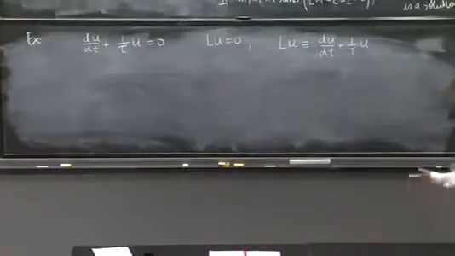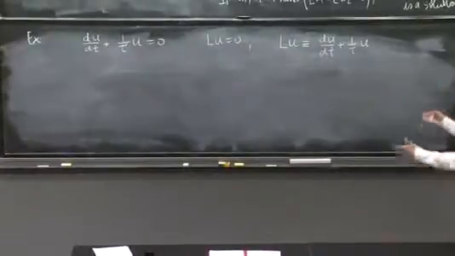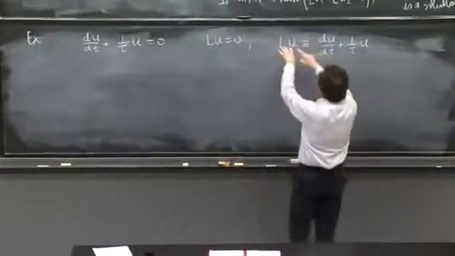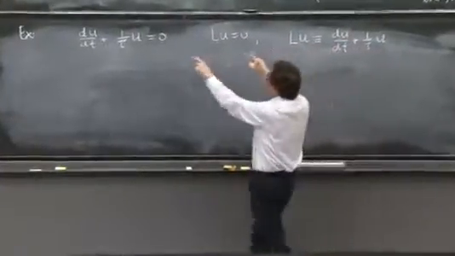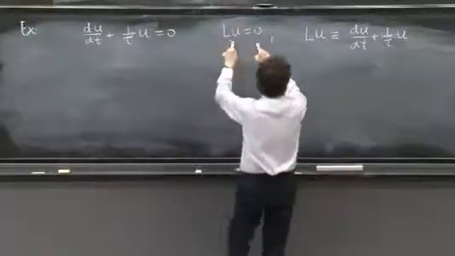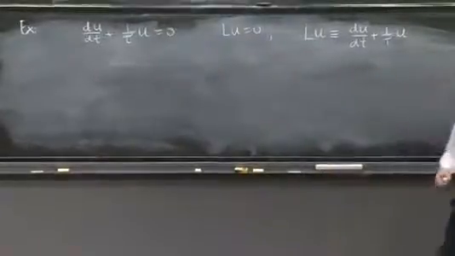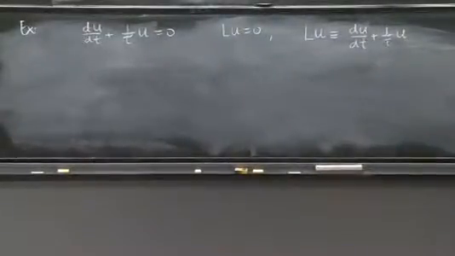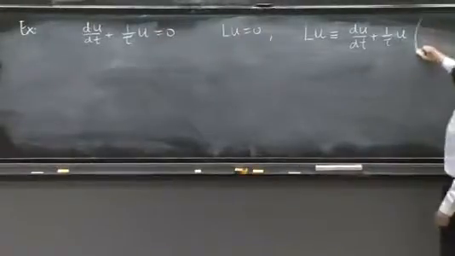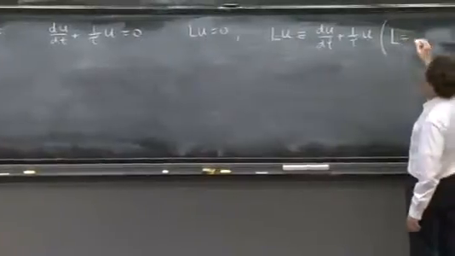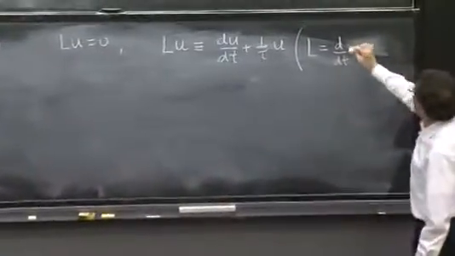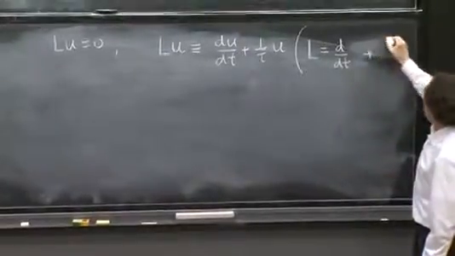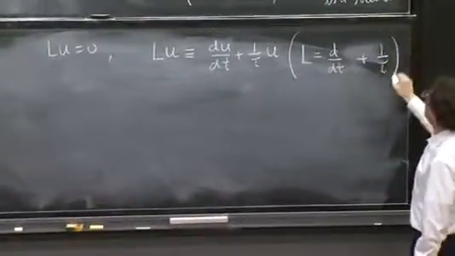I haven't done much here. I've just said, let's define L acting on u to be this, and then this equation is just Lu equals 0. If somebody asked how to write L alone, we should write it as d/dt without anything here, plus 1 over tau.